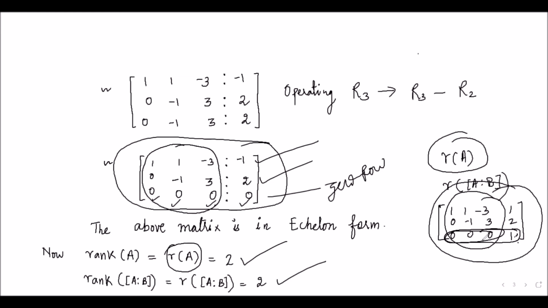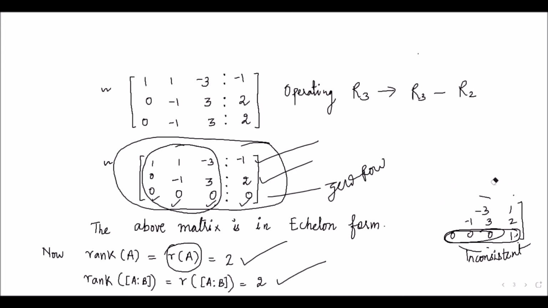But it is a 0 row in the echelon form of the coefficient matrix, because for the coefficient matrix we consider only the first 3 columns, not the last column. But when reading the rank of the augmented matrix from the echelon form, we have to consider the whole matrix. So in such a case, the ranks are not the same. One is 2 and the other is 3. Such a case is a case of inconsistency. But for this particular example, the system of linear equations is consistent.